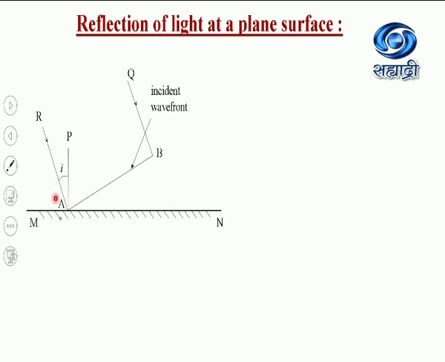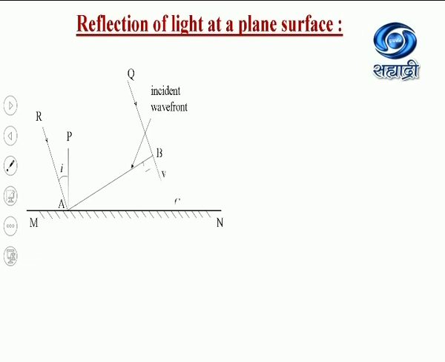As the point A is at time t is equal to 0, point A has started emitting the light waves and after time capital T, the wavelet emitted by point A will cover distance which is equal to Vt, where V is the speed of the light in the given medium.